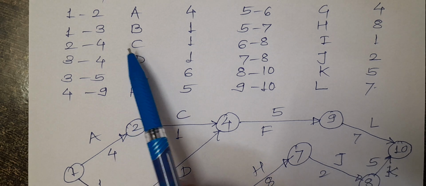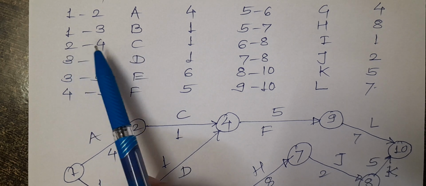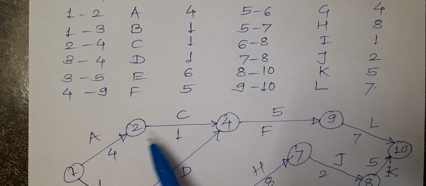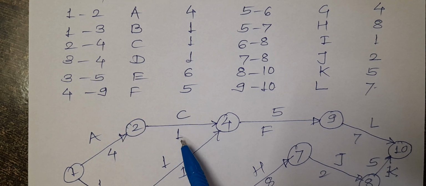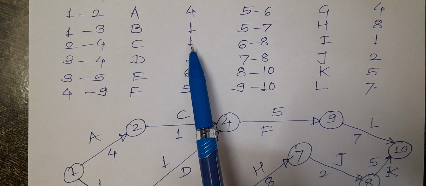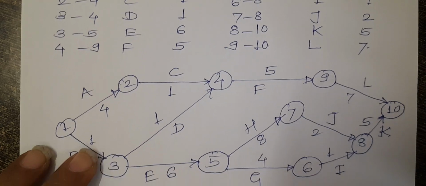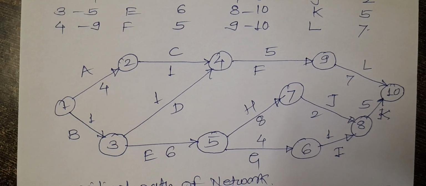Similarly for C, it is between node 2 and 4, and time required is 1 for this activity. So I have drawn this network diagram for this given project schedule.